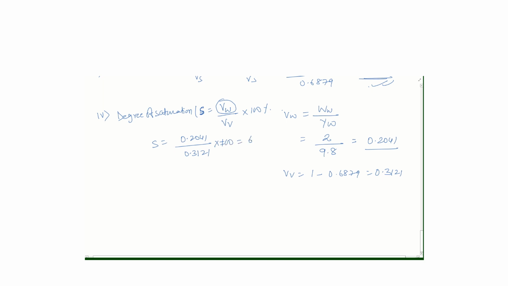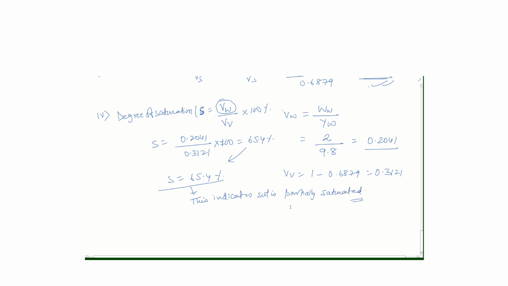So this comes out to be 65.4%. Okay, so the degree of saturation is 65.4%. That indicates the soil is partially saturated.